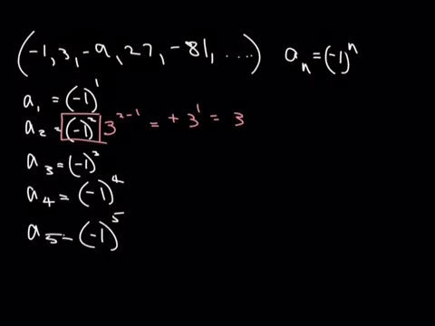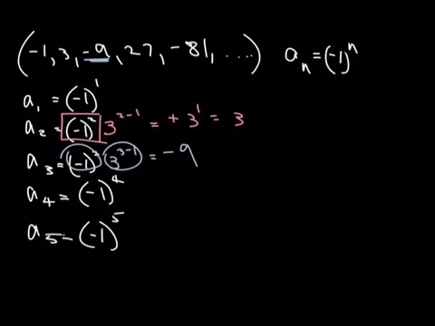Okay, so that one worked. If I take whatever number is here and put it here, subtract 1, that worked for that one. Let's try the same rule here. I've got a 3. Whatever my n is, I'm going to subtract 1 from it, and this gives me a negative. This gives me a 9, and that's what I have here.